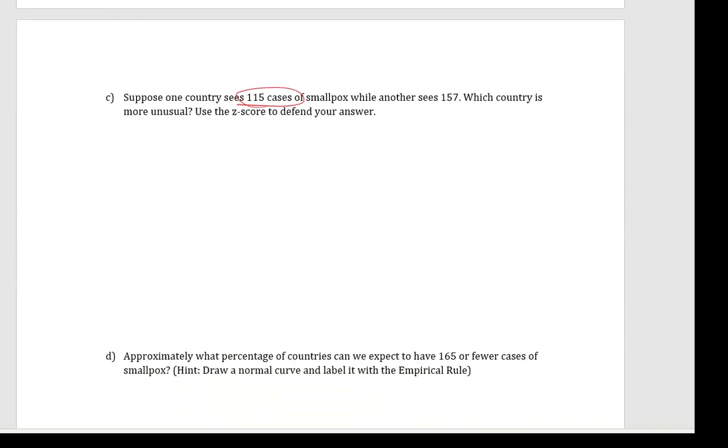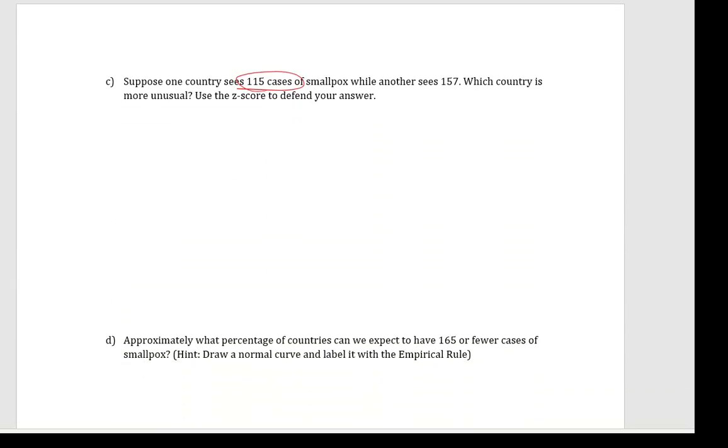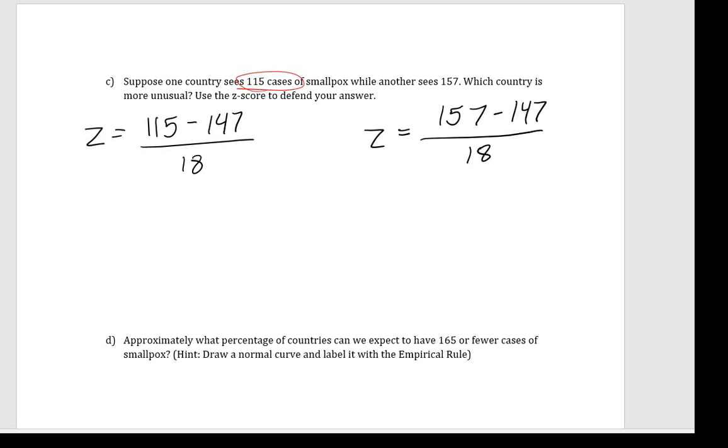But let's go ahead and find the z-score and use that to prove this case. So remember, z is going to equal 115 minus the average, which is 147, divided by the standard deviation. Don't forget when you're typing that in your calculator, put the top in parentheses. And the z-score for the other will be 157 minus 147 over 18.